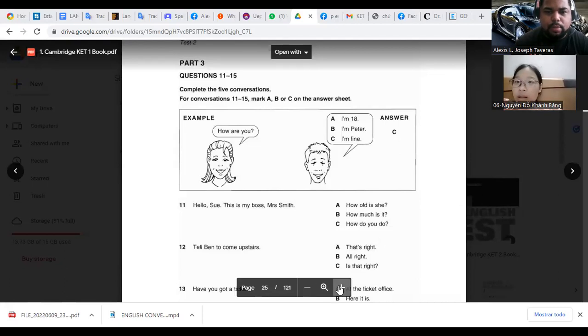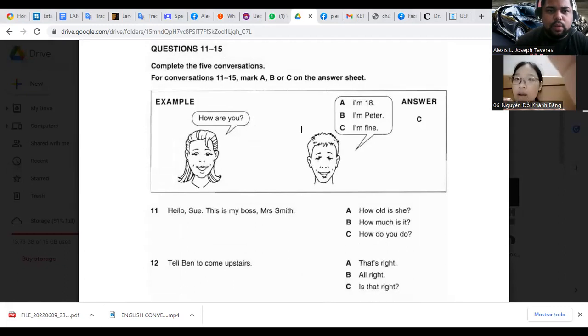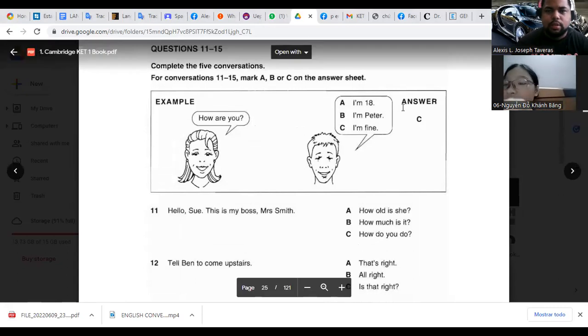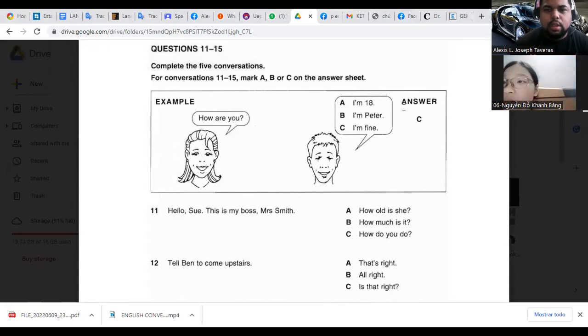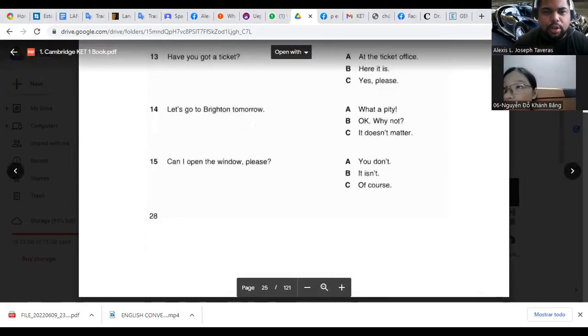Can you see my screen? Yes. Oh, I have this book. Yes, this is the preparation course, all right? I have this.